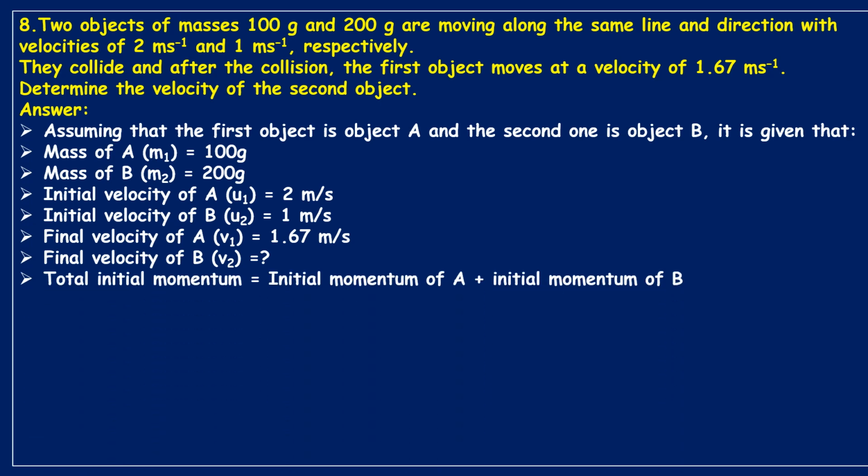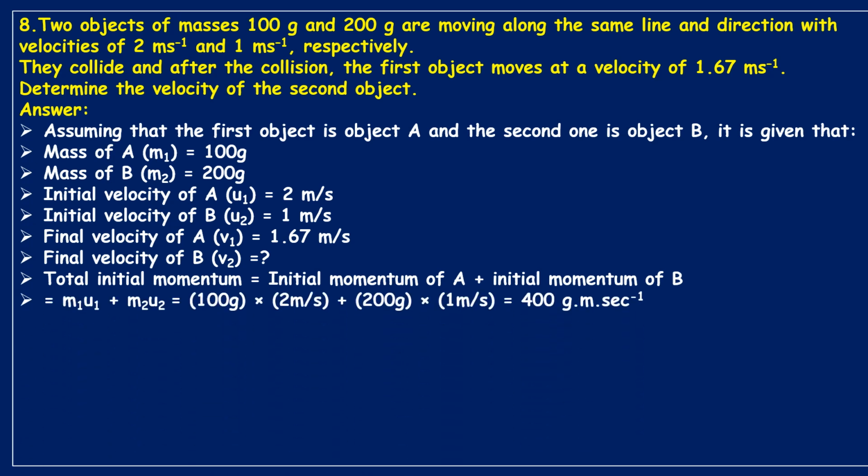Total initial momentum is equal to the initial momentum of A plus the initial momentum of B. We know the momentum formula: mass into velocity, P equal to m into v. Here, m1 u1 is the initial momentum of A, plus m2 u2, the initial momentum of B. Here m1 is 100 grams and u1 is 2 meters per second, plus m2 is 200 grams and u2 is 1 meter per second.